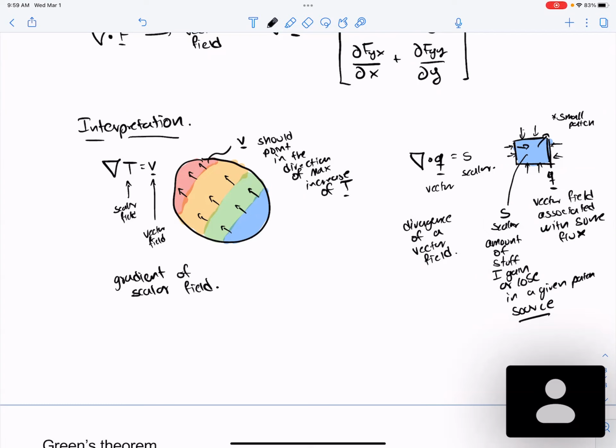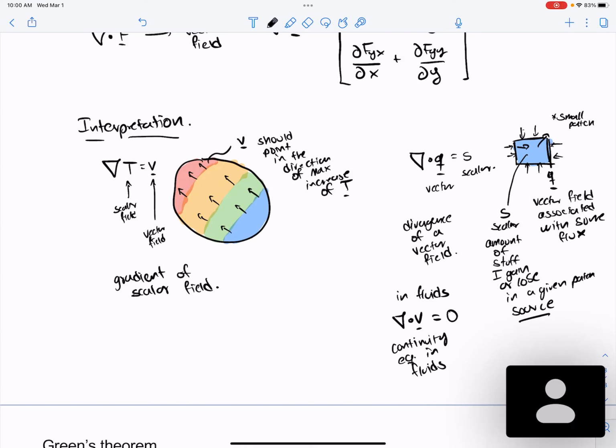In fluids, you might have done this. Did you see this in fluids? What is the divergence of the velocity field for a fluid? You never use this? This is called the continuity equation in fluids, no? Divergence of velocity is 0 if it's incompressible.